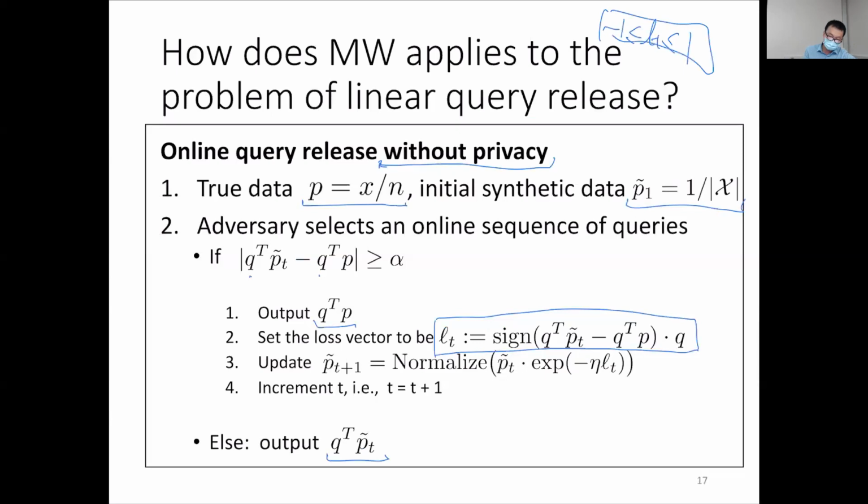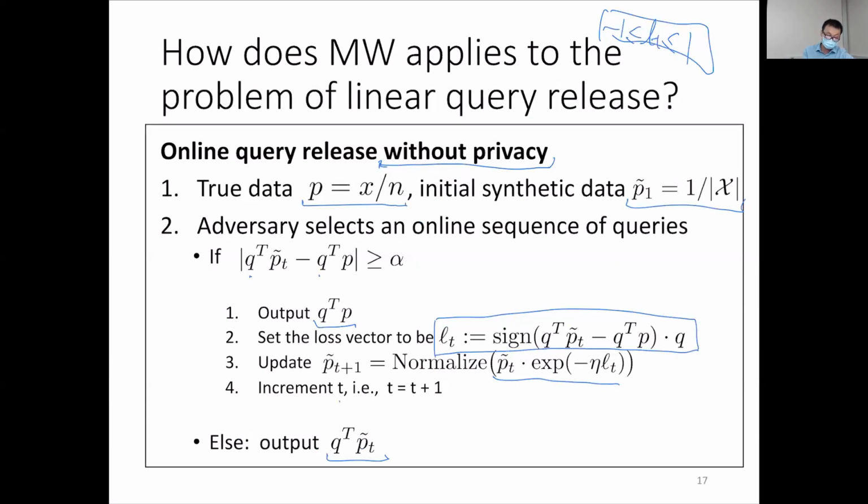And yeah, we'll see why this works. But once we have this loss, we can make use of the update rule of the Hedge algorithm by doing the multiplicative updates, right? So now I'm discounting the credibility of each individual expert exponentially, with this eta chosen to be the learning rate. Okay, and then we increment t, where t is the index of the number of times this online learning algorithm has been called.